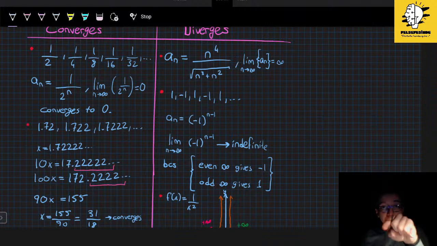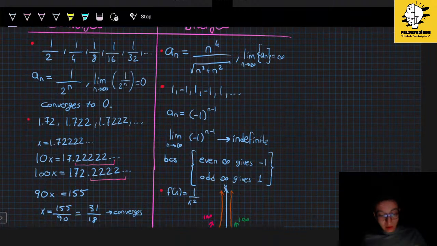But if my infinity was an odd number, my result would be 1. This means indefinite. And infinity is an indefinite value as well. So that's why we said if L is equal to infinity, it diverges. So indefinite, hence this series also diverges.